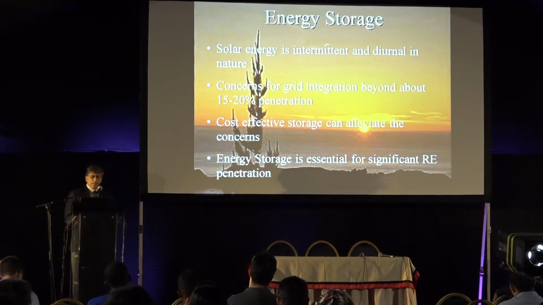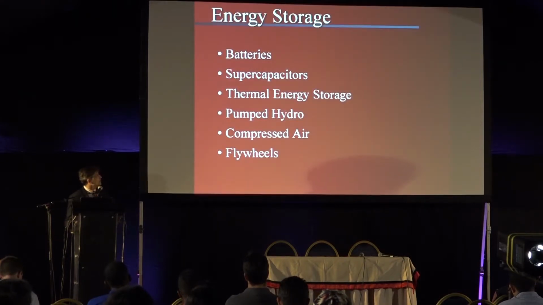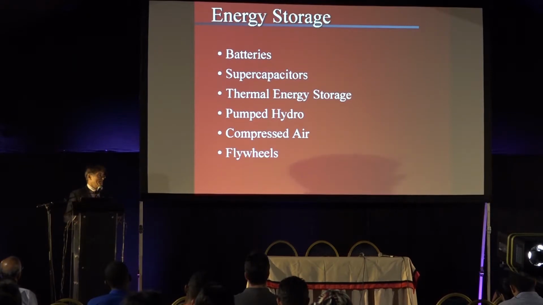So energy storage being essential, how can we do energy storage? Well, we have batteries. People are working on supercapacitors, thermal energy storage, pumped hydro. So there are many ways we can do energy storage.